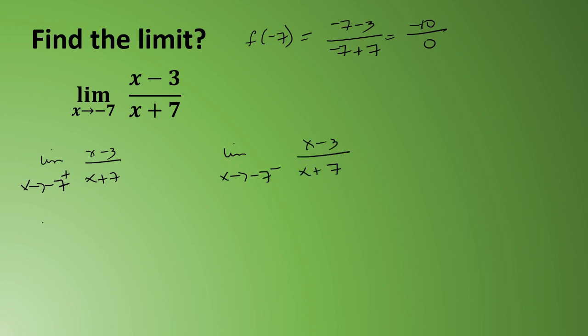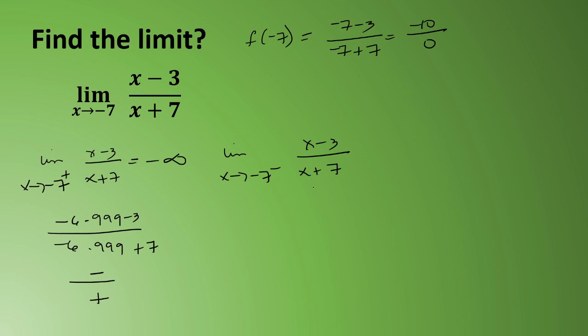So assigning values from the right of negative 7, let us have negative 6.999 minus 3 over negative 6.999 plus 7. So the numerator is negative, and the denominator would be positive. Negative divided by positive is negative, so this is negative infinity.